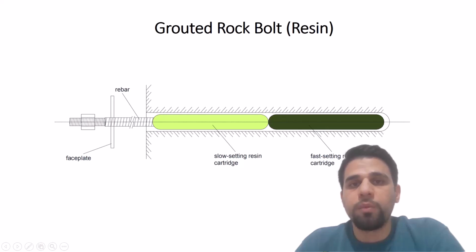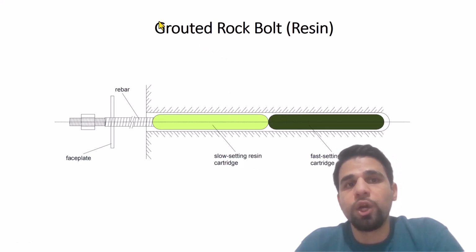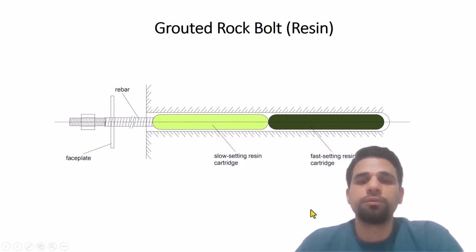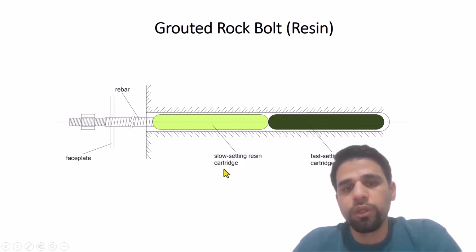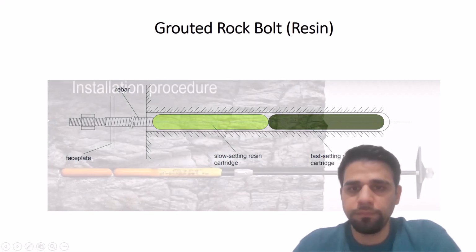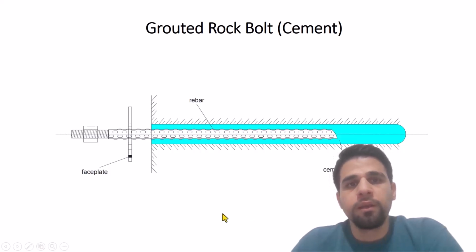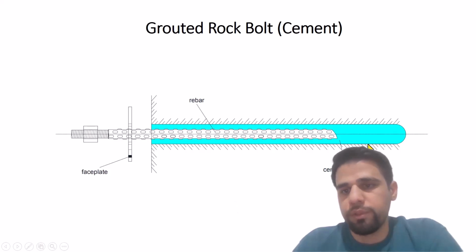The second type of rock bolts are grouted rock bolts. Here you can see resin grouted rock bolts with 2 cartridges, and cement grouted rock bolts. Here you can see cement grout and rebar.